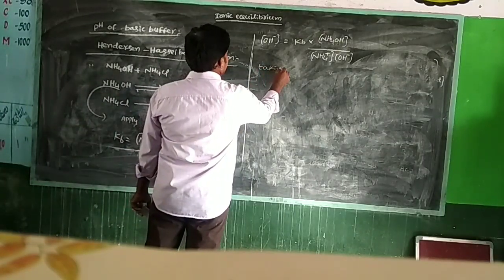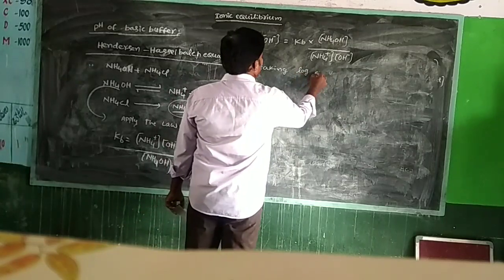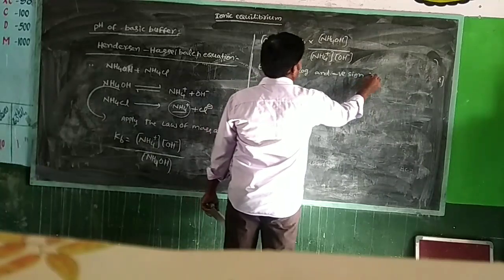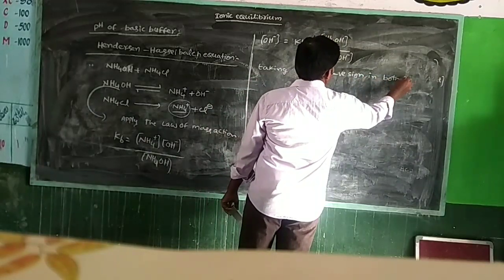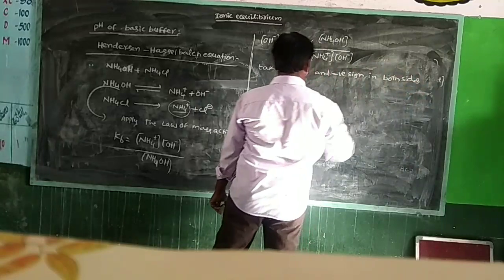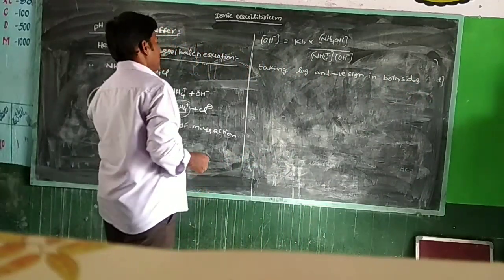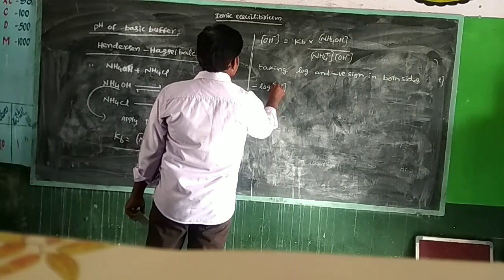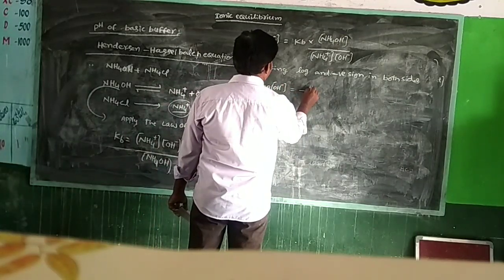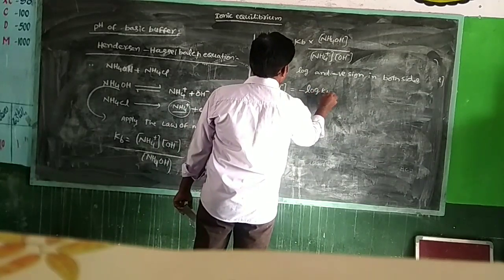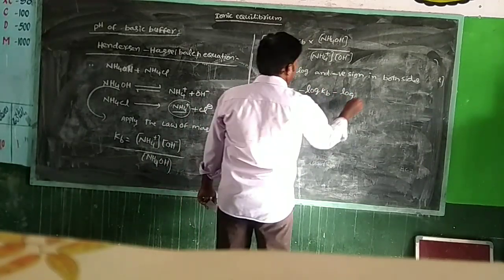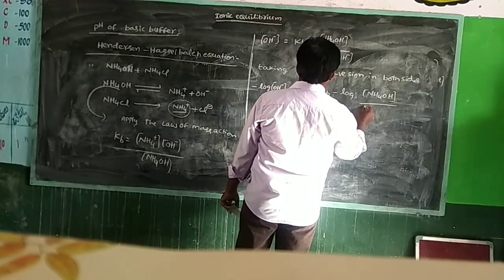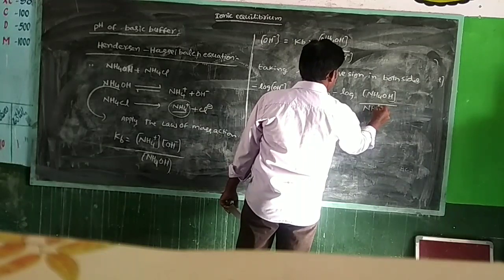Taking logarithms and negative sign on both sides, minus log OH minus ion is equal to minus log Kb minus log NH4OH concentration upon NH4 plus concentration.